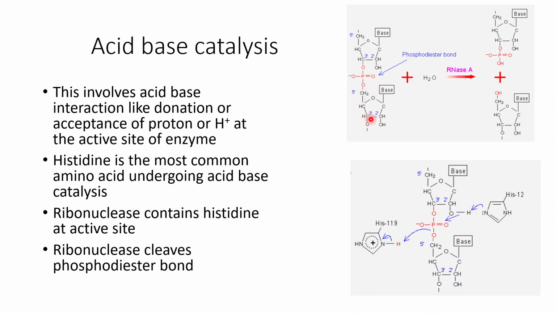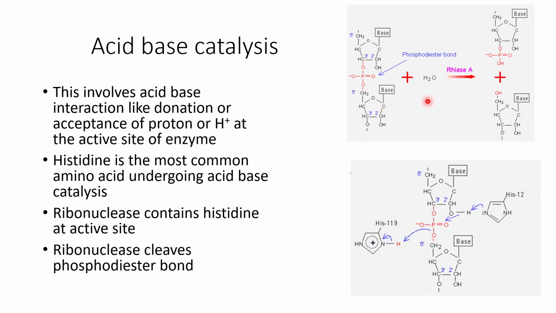So this is a phosphodiester bond between two nucleotides. Ribonuclease is the enzyme which breaks this bond. This ribonuclease enzyme contains histidine. Histidine is the most common amino acid undergoing acid-base catalysis.